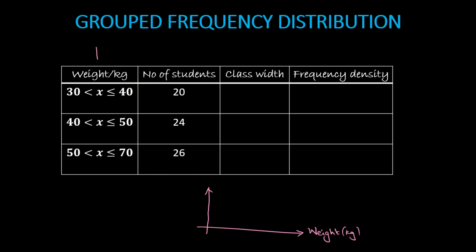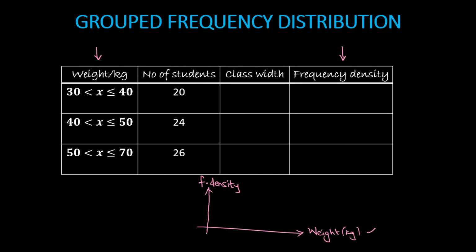We already have the weight. This is not a problem. Now the vertical axis is the axis of frequency density, right? We have to obtain the frequency density of each interval.